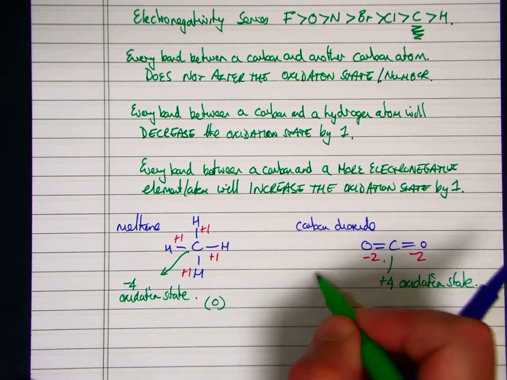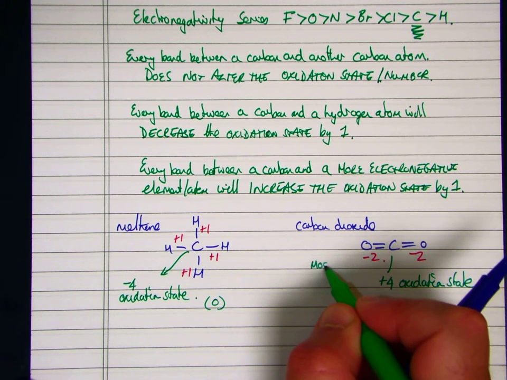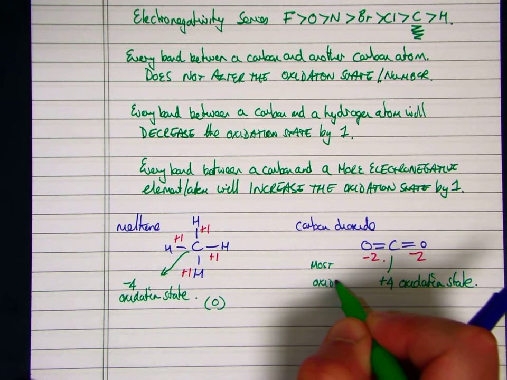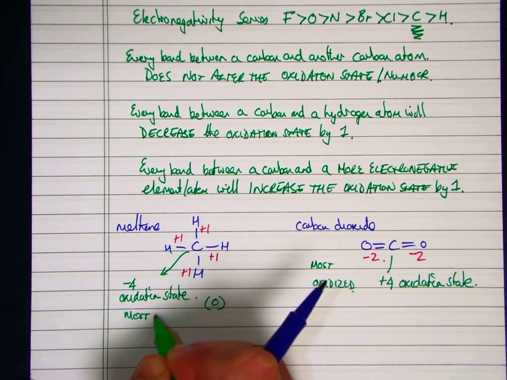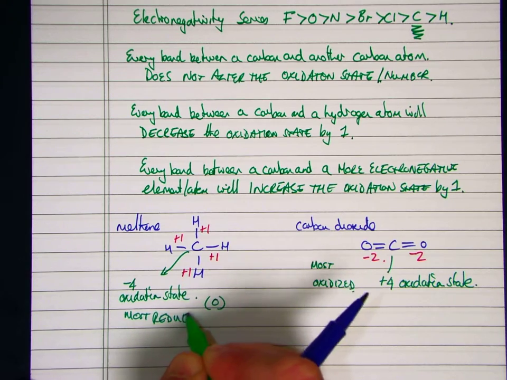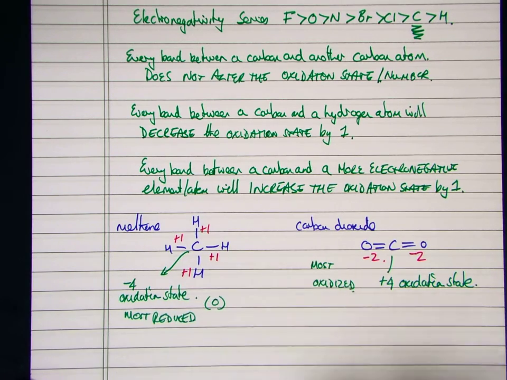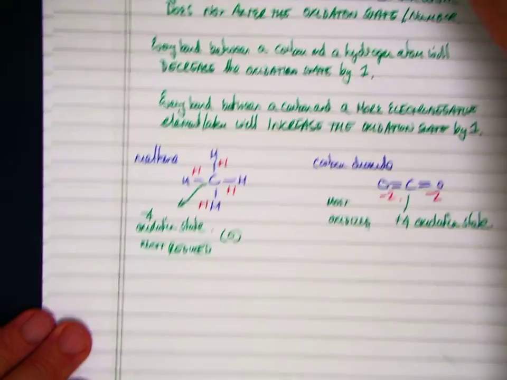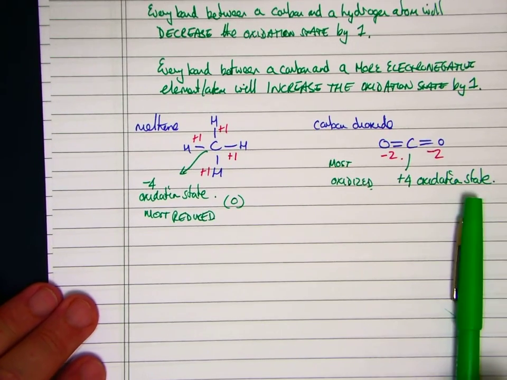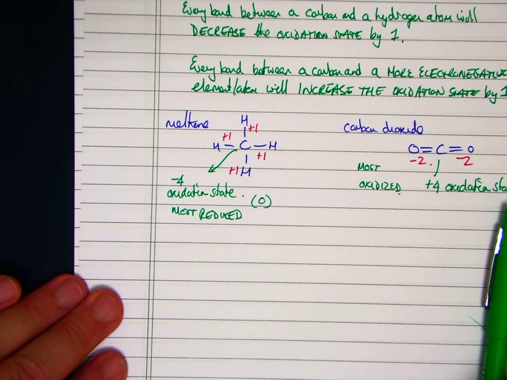So one can say that this is one of the most oxidized forms, as over here this is the most reduced form. So that's pretty cool to see that. Now we take a look at some other functional groups. We can see some other applications of this.